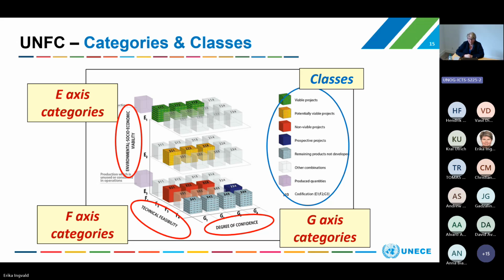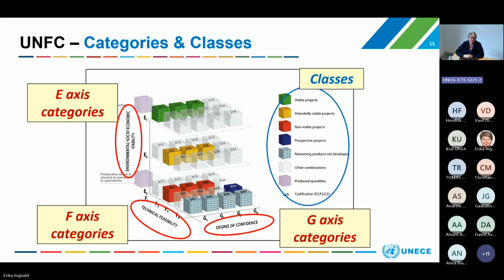And the same goes for the G-axis, where you build knowledge about your resource. If you do primary resourcing, you will look into your deposit and learn more and more about that, to move from G3 up to G1. If you do recycling, you might want to know where you will get your waste from and be sure that you can get that waste.